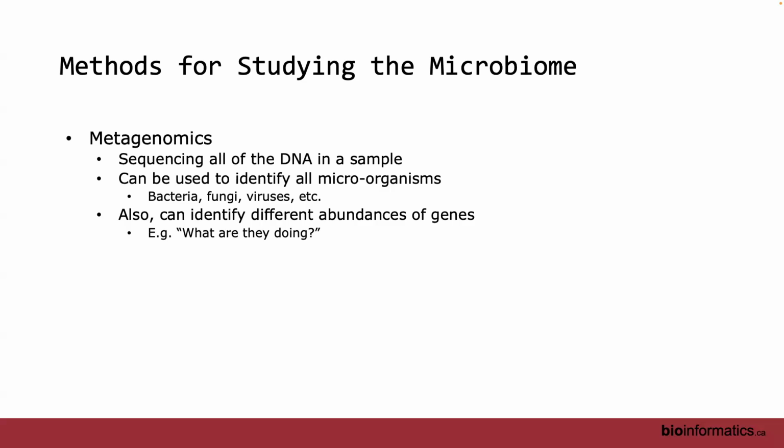And just to make sure we're all clear on that, that's really where we're sequencing all of the DNA in a sample. This DNA usually comes from a mixed culture, either in a natural habitat in its purest form, say soil in its natural form, or maybe from a culture enrichment where people are growing several microbes together and then sequencing them. Metagenomics is at its heart just genomics, but applied to many different taxa within your sample.